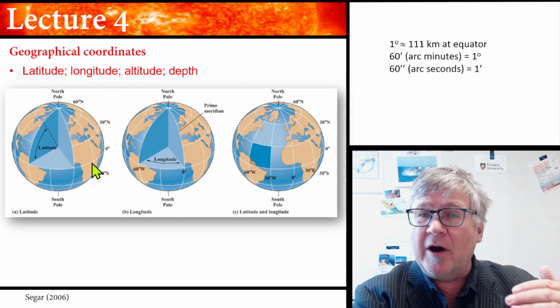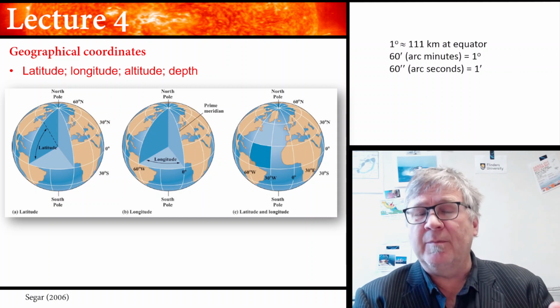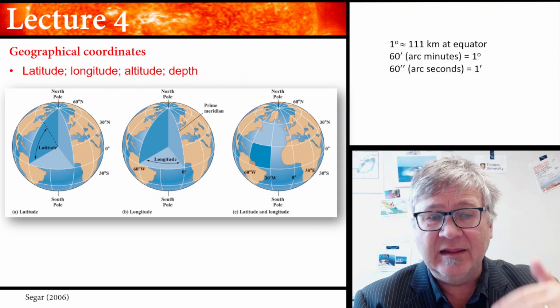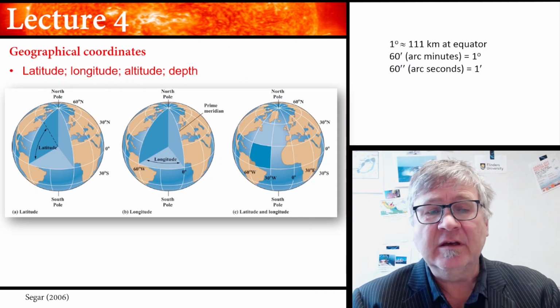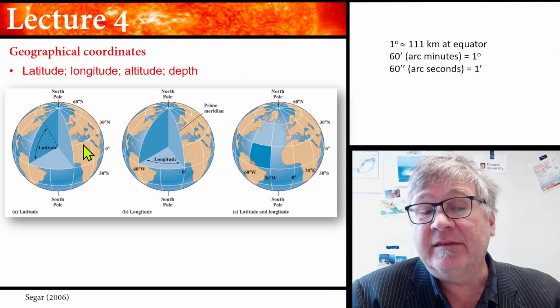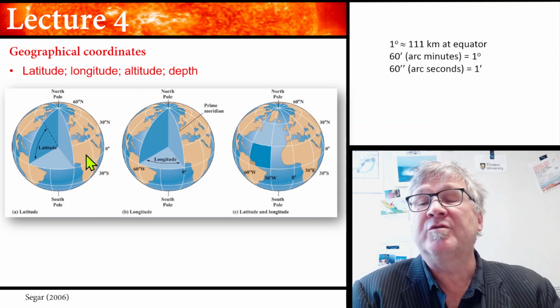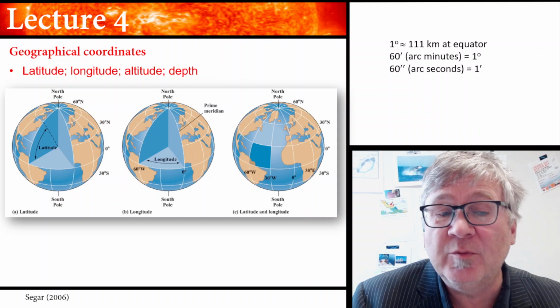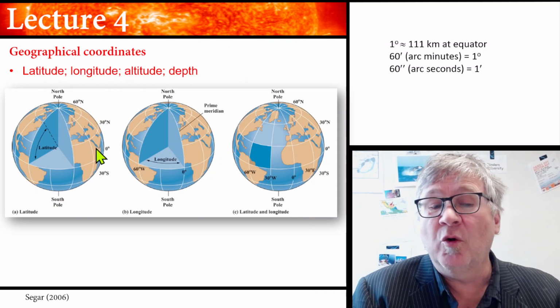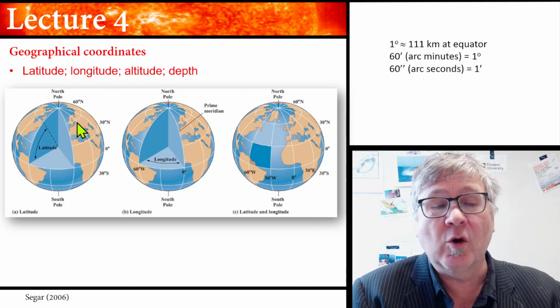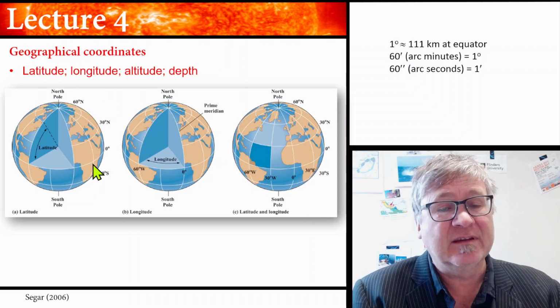If you now think about the distance between 1 degree latitude circles, the distance always stays the same, and it's about 111 kilometers. No matter where you are, the distance between 1 degree circles is 111 kilometers.